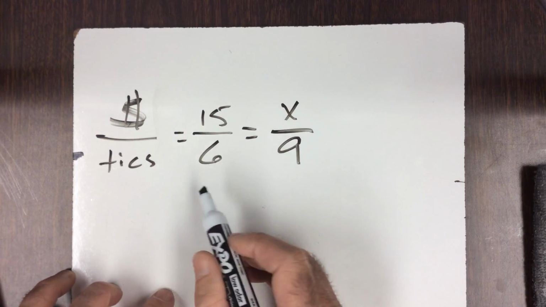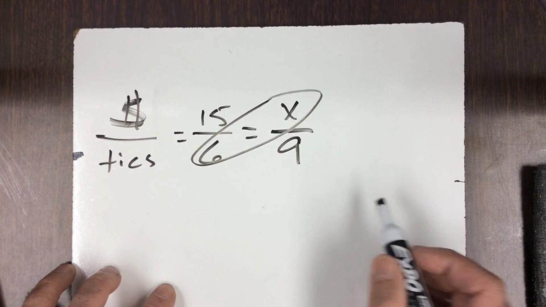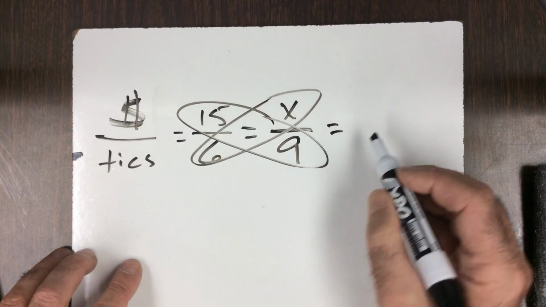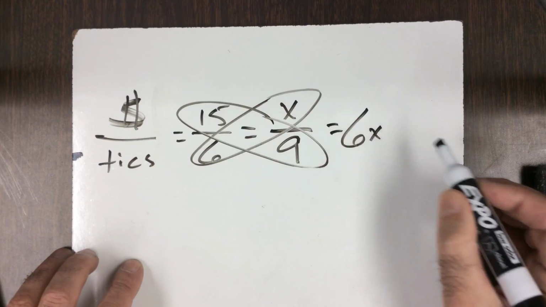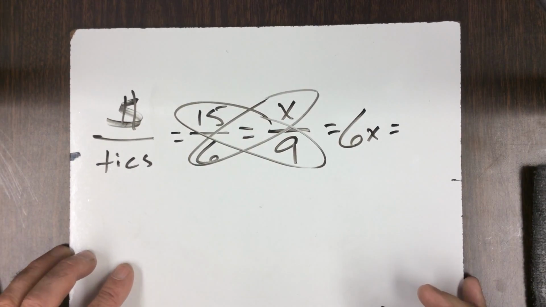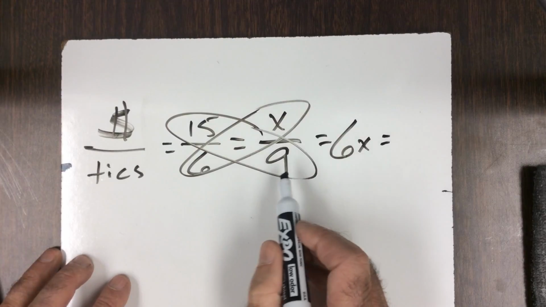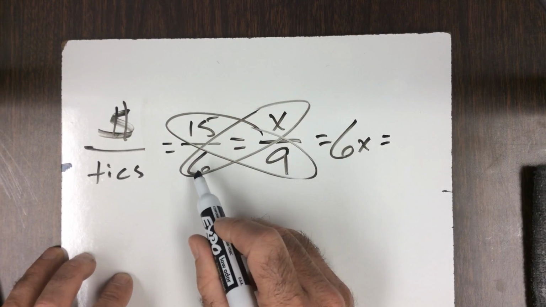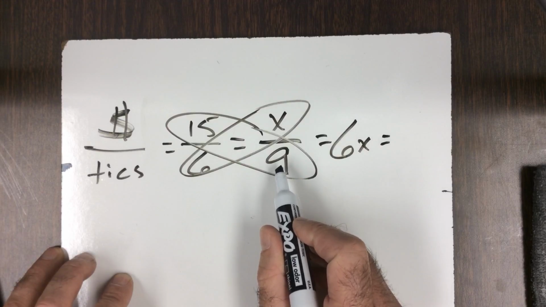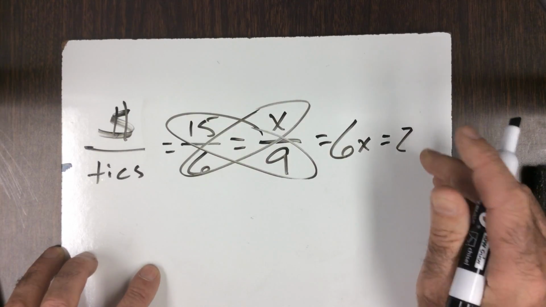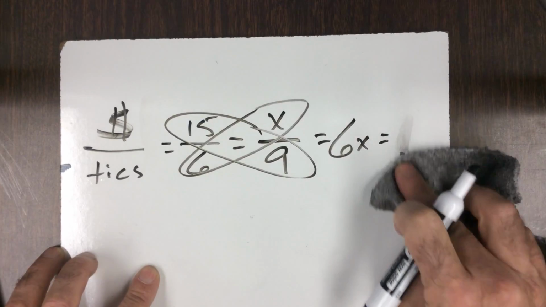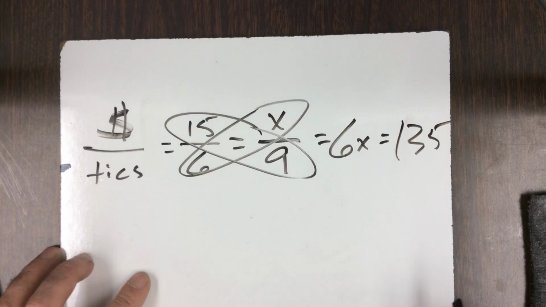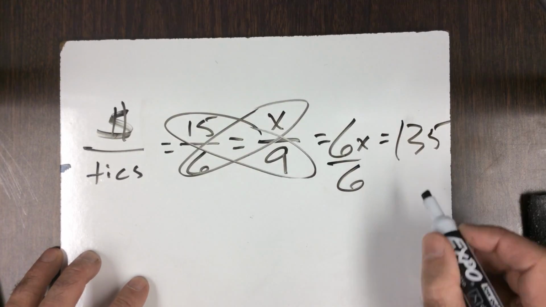That's a little tricky, so let's just cross multiply and set it up that way. 6 times x is 6x, and we're going to set that equal to 9 times 15, which is... actually, it's not 20. I'm sorry, jumping ahead. It is 135.